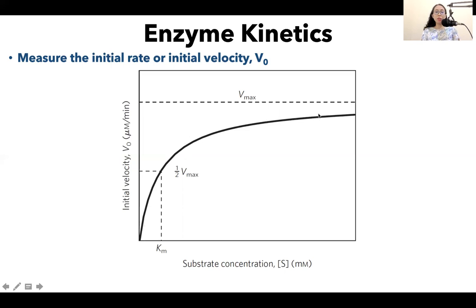So this hyperbolic pattern that we observe is very classical of enzyme kinetics. Now, this maximum initial velocity that the plot approaches is what we call Vmax, or maximum initial velocity, and it is the maximum reaction rate possible for that given concentration of enzyme.